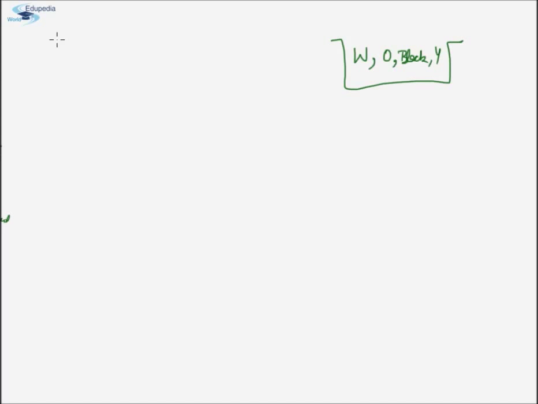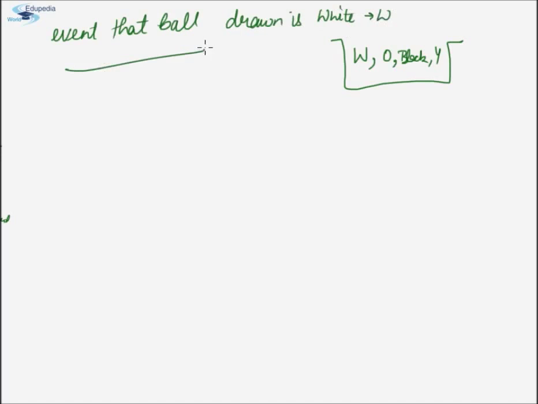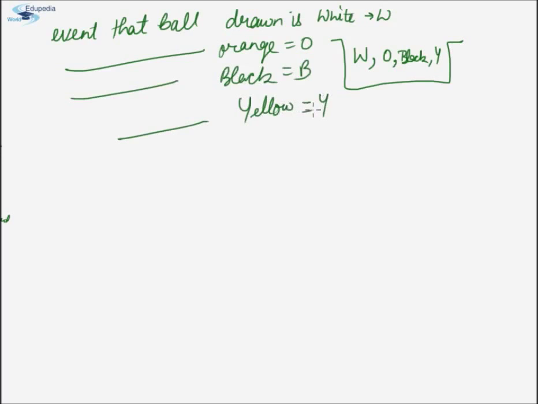So let us denote the event that the ball drawn is white by W, the event that the ball drawn is orange by O, for black let it be B, and for yellow let it be Y. So the probability that the ball drawn is white is given as the number of outcomes favorable to white, which is 1, over the total number of outcomes, which is 4.